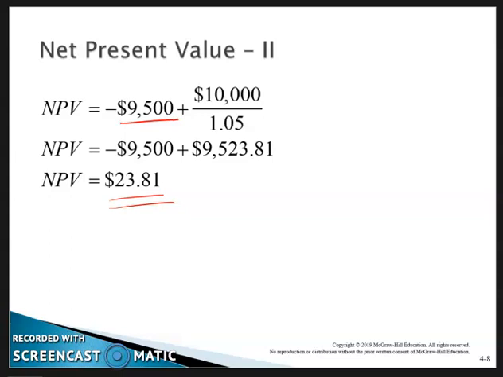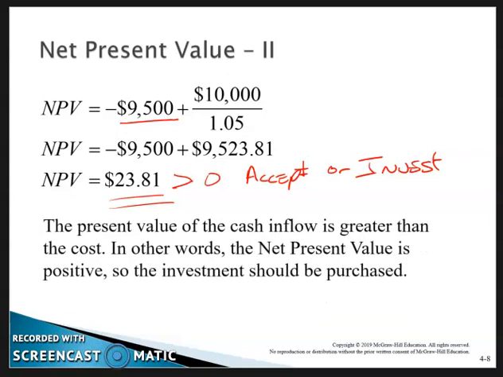The decision rule here is if this is greater than 0, you would accept or invest in the project. The present value of the cash flow is greater than the cost. In other words, the net present value is positive, so the investment should be purchased.